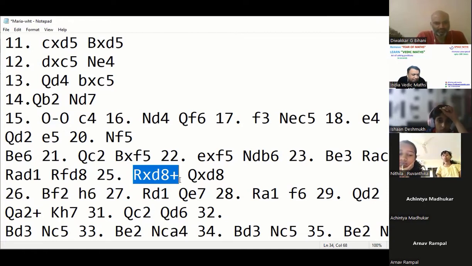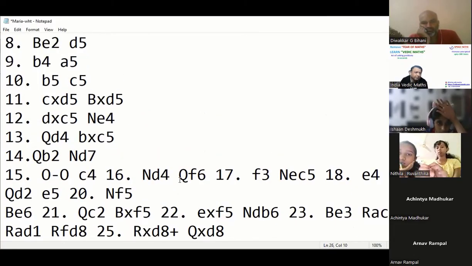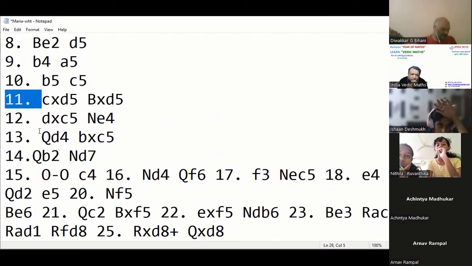Arna, unmute. Yes, sir. Now, what is the 12th move of the black? It is knight to e4. Knight to e4. What was the move on the 11th move for white? It says c captures d5, correct?